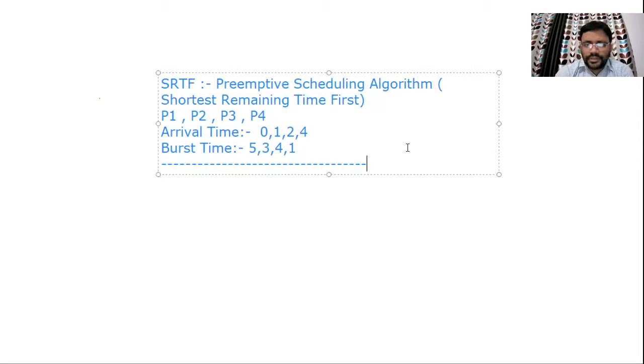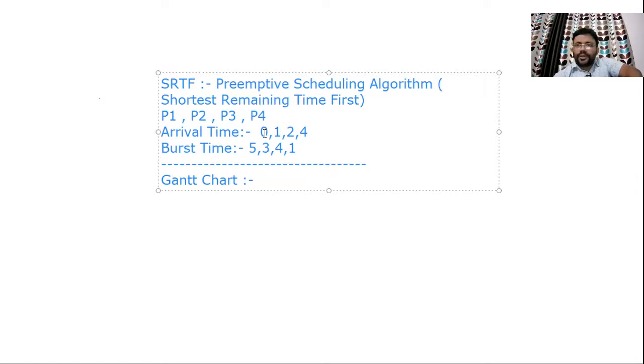Now see, first we have to look at the arrival time. Arrival time is 0 for P1, so it will first come into the CPU and execute for 1 unit of time. We take 1 unit at a time because if any other process comes with a smaller burst time, we have to give priority to that process.